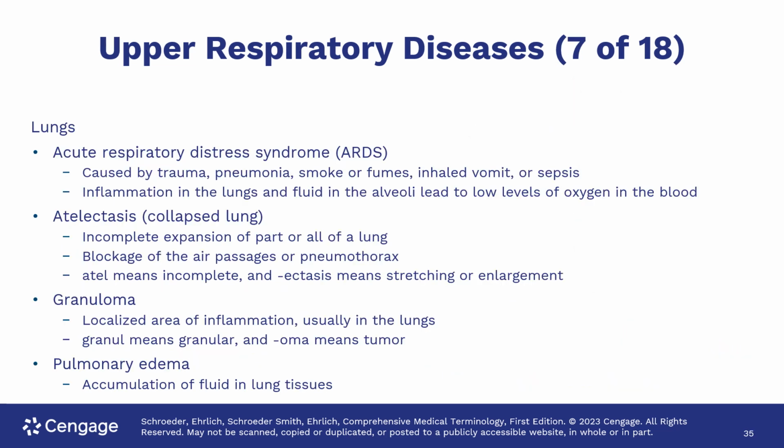ARDS is acute respiratory distress syndrome, where there's inflammation in the lungs causing increased fluid in the alveoli, so there is no gas exchange. Atelectasis is a collapsed lung, and granuloma is a tumor, and pulmonary edema is fluid in the lung tissue.